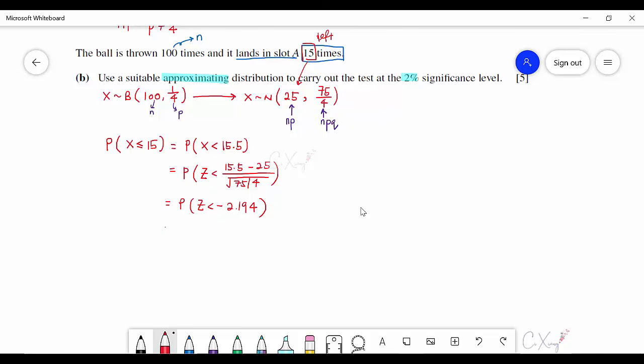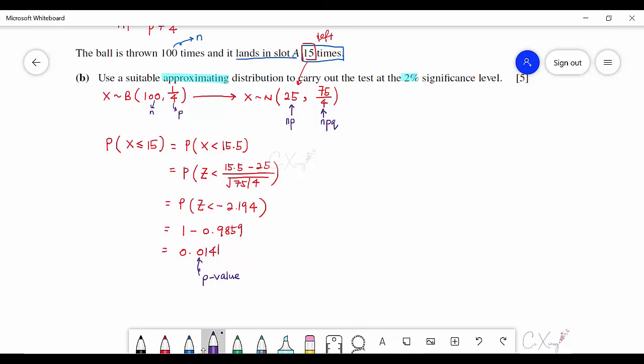After that, you get the probability from the normal distribution table, which is 1 minus 0.9859, and you will get the answer 0.0141. Please take note that this is actually the p-value that I calculated.